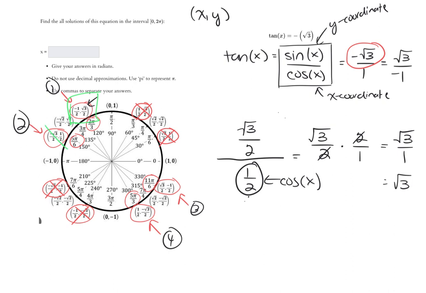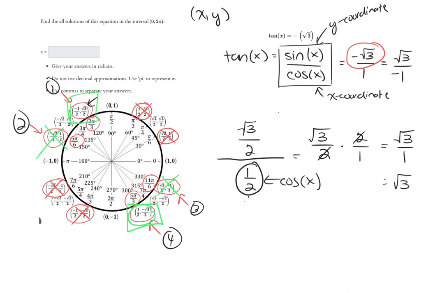And so that means that I'm going to eliminate the second point there that I just x'd out. Then let's take a look at the fourth quadrant. In the fourth quadrant, you can see that point 4 here is the only one that has cosine of x being 1/2. So that means I can eliminate point 3 here.